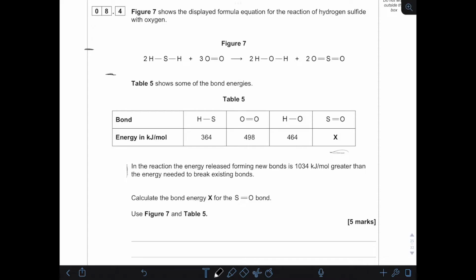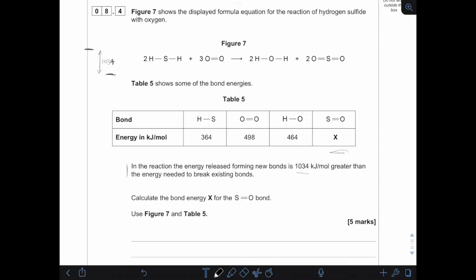In the reaction, the energy released forming new bonds is greater than the energy needed to break existing bonds, which means that it is exothermic by 1034 kilojoules. So we'll put 1034 aside, and we'll use that in our calculations later.